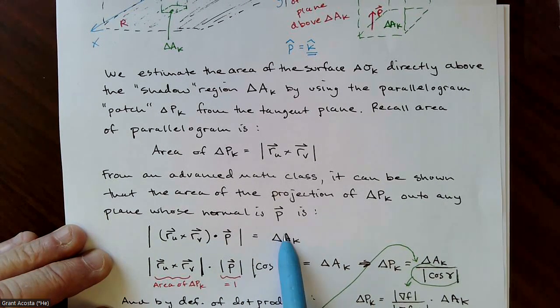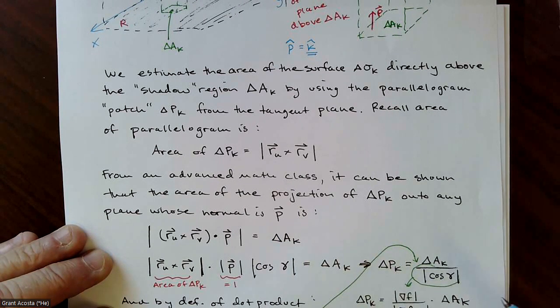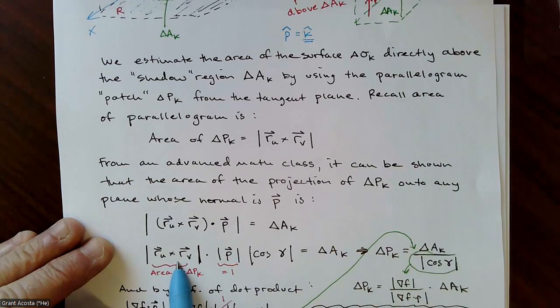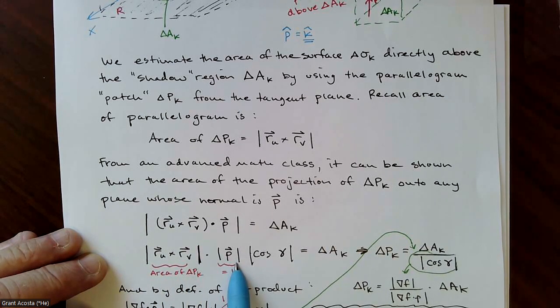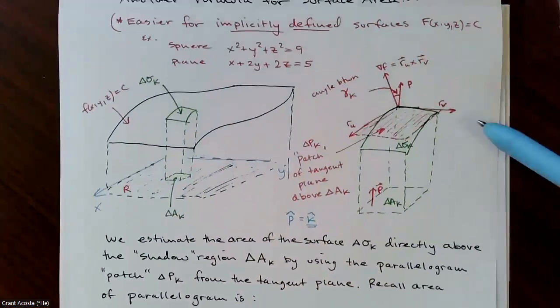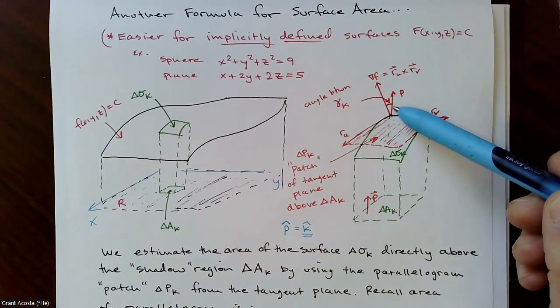That will give you the area. So if I take that definition of the dot product, that's the magnitude of r sub u crossed r sub v times the magnitude of p times the cosine of alpha, that angle between these two here.